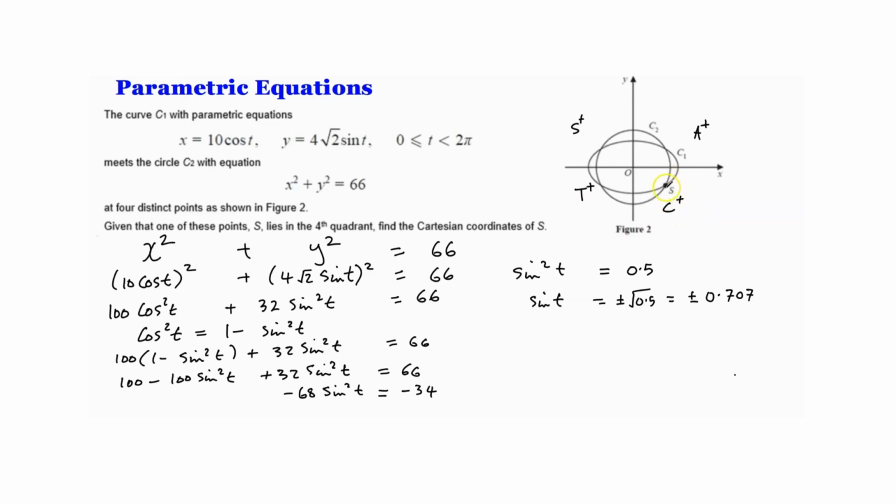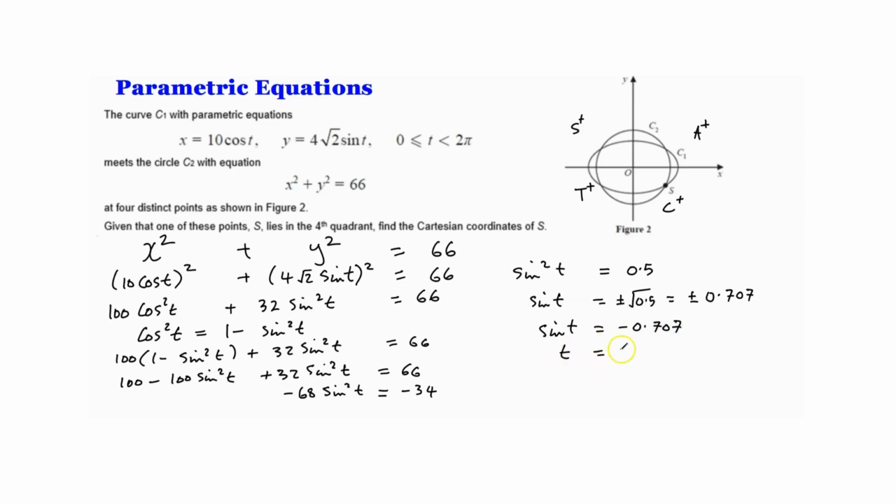So we are concerned with the fourth quadrant. But if you notice, our ratio is sine. So we need to focus on when sine is negative. Sine is negative in this quadrant, so we're going to choose the negative value here. So we're going to have sine t equals minus 0.707.